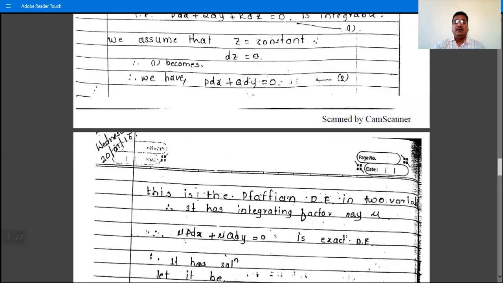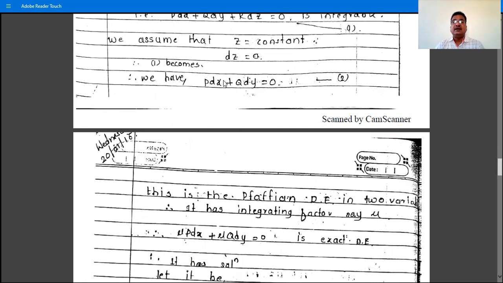So it has an integrating factor, say μ. That is, this Pfaffian differential equation in two variables is always integrable, means it has a solution. So it is integrable means either this differential equation in two variables, that is this equation number 2, is exact, or it is reducible to exact.